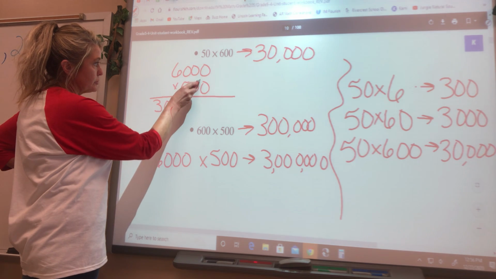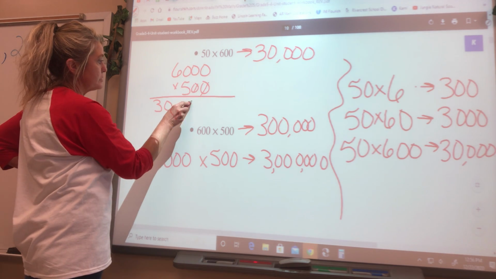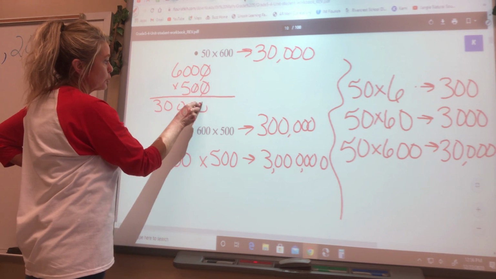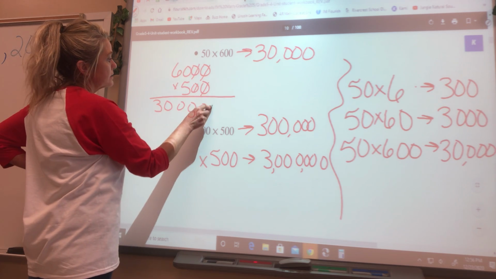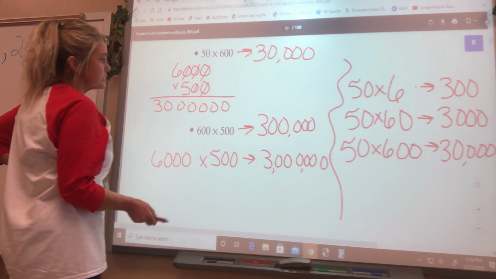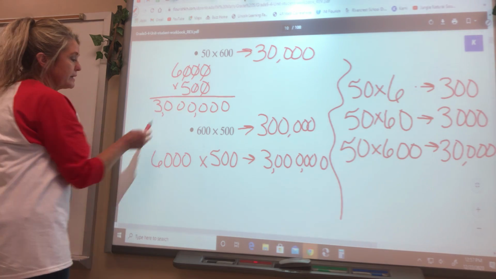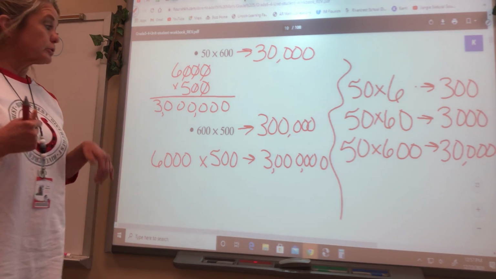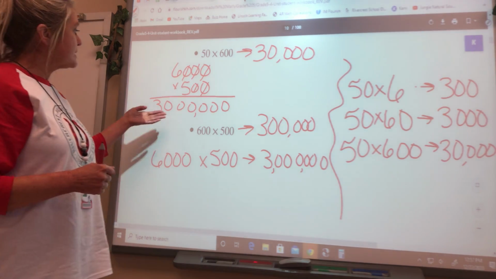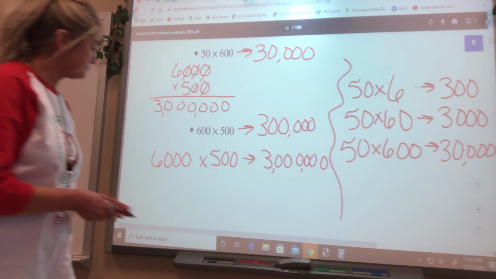I hadn't used this one. I hadn't used this one, nor the ones place, the tens place, or the hundreds place. And did I get the same answer as just using my general estimation logic? Yeah, we still got 3 million.